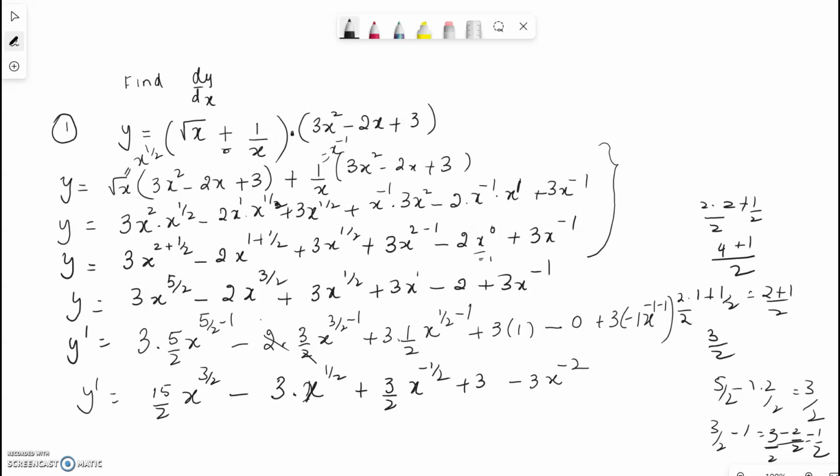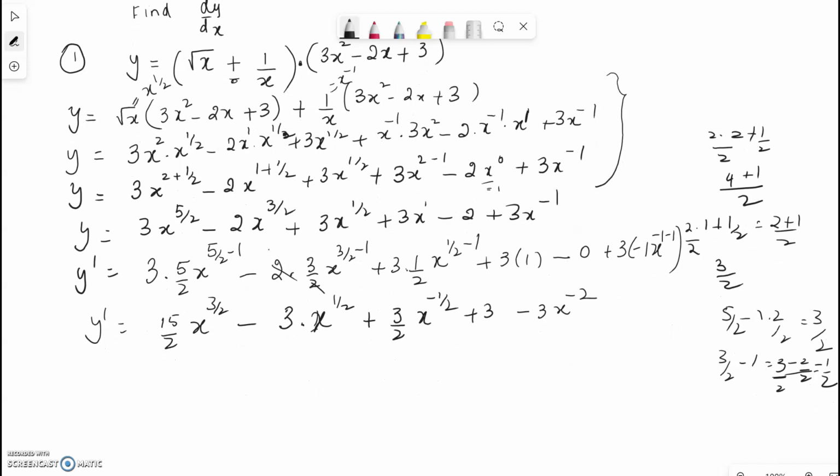So we're done with the differentiation, but now we need to simplify this expression. So that is y prime equals 15 over 2, x to the 1 plus half is 3/2.